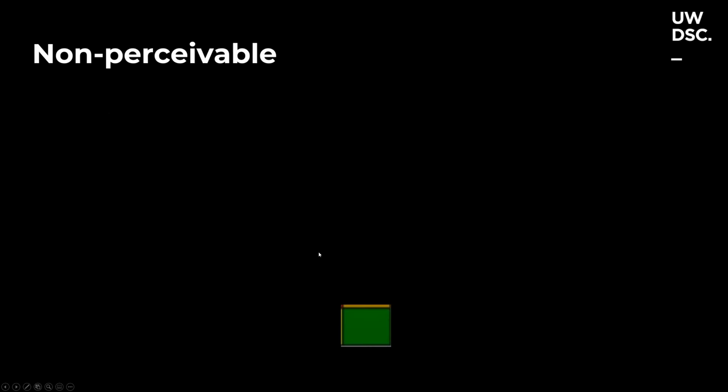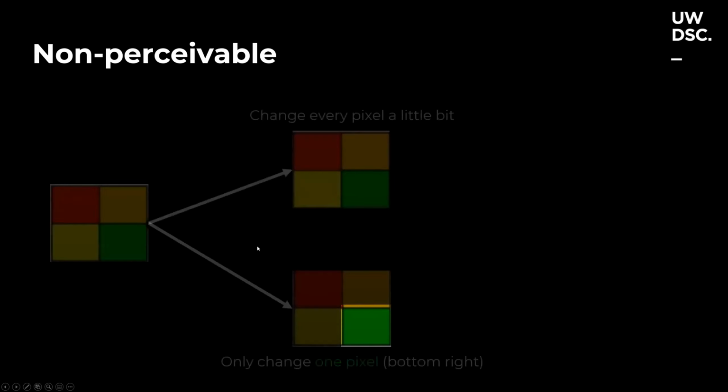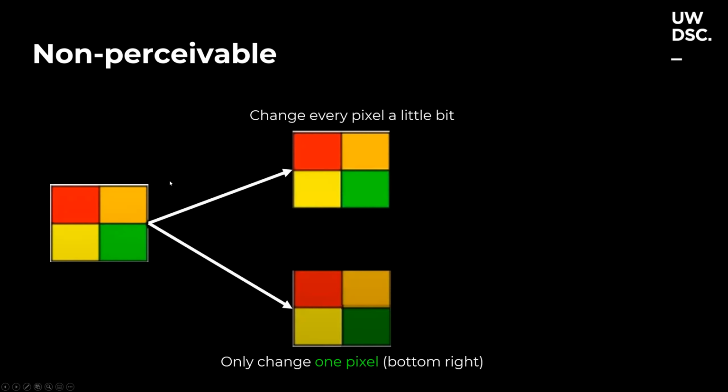And we'll see. Let's say we have an image of only 4 pixels. If we apply some modifications on it, for example, if we change every pixel a little bit, it will give us the above image. And if we only change 1 pixel by a large amount, it will give us the bottom one. For the image above, it is pretty hard to tell the difference between the original image and the modified image, or the attack image.